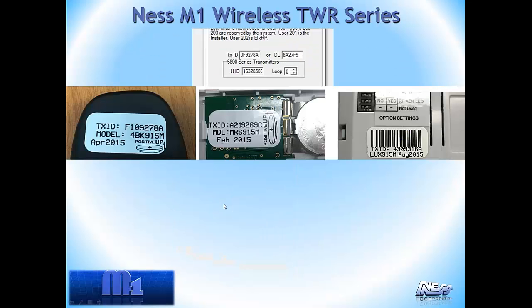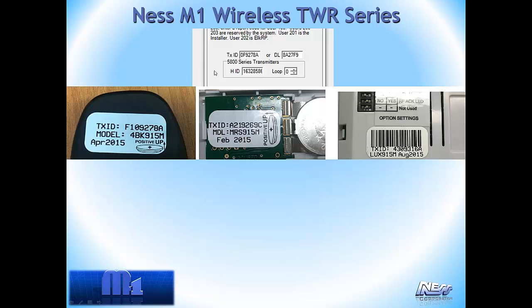Where we get that from, on each transmission device, there's a sticker on the back that tells us what the TXID is. There's actually a 7-digit number in there, and in the TXID field, we don't use that whole number. We use the first digit and the last 5 digits. So the second and third we don't use.